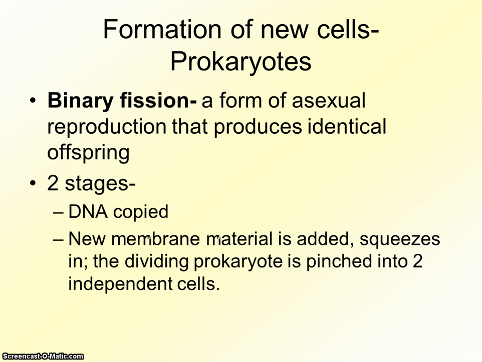When it splits itself in half, it produces two identical cells as a result. So one bacterium can split itself in half, producing two identical bacteria. This is binary fission. Two quick stages: DNA is copied, other materials are added to make sure there are complete sets on both sides, and then, kind of like in animal cells, the cell membrane is going to pinch together and split that one bacterial cell in half into two.